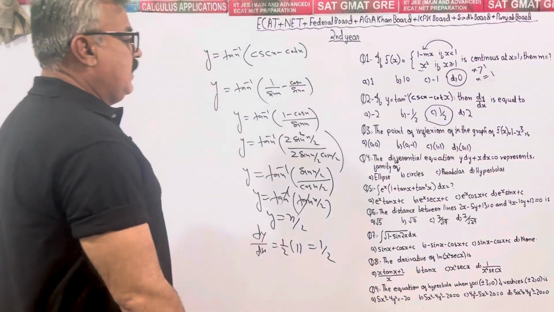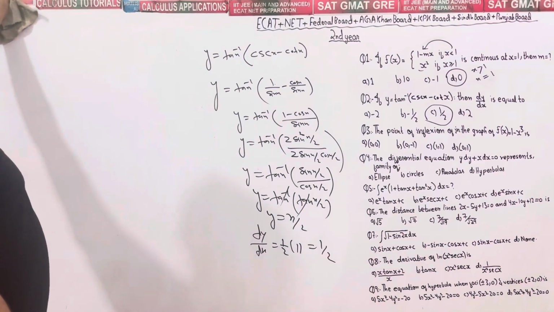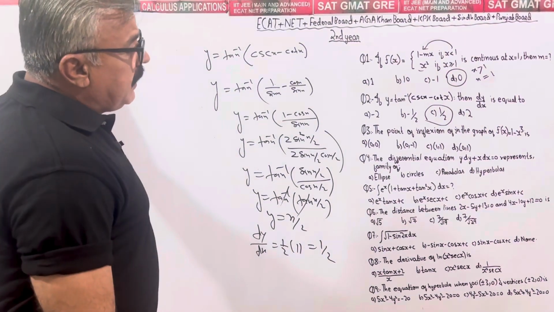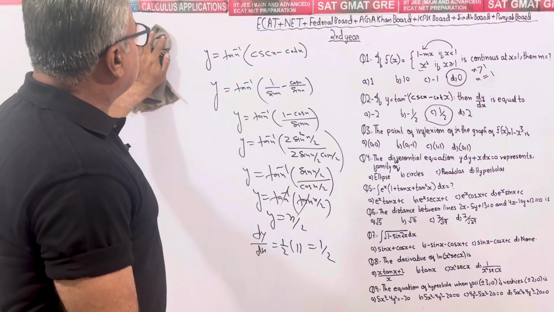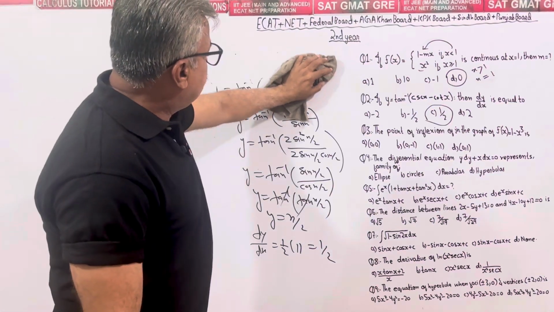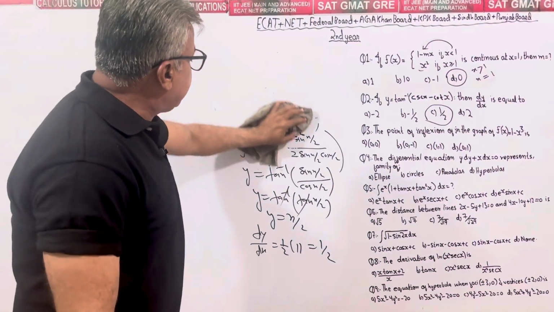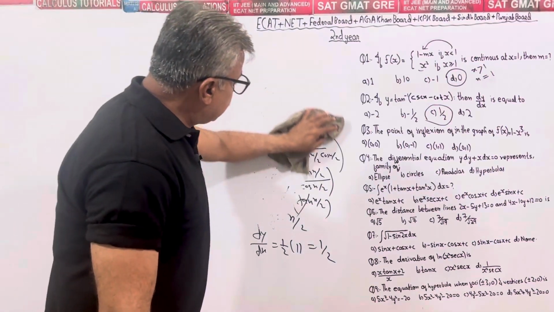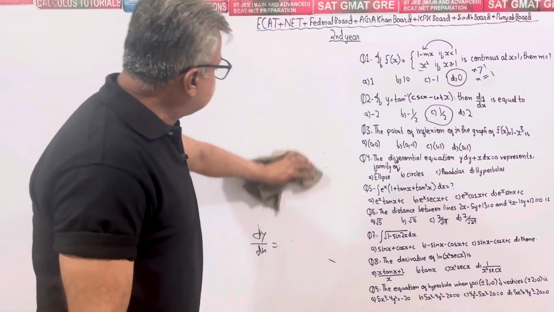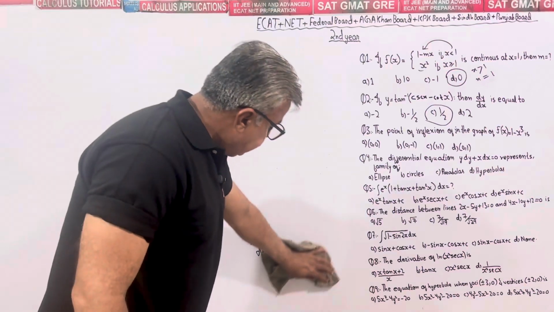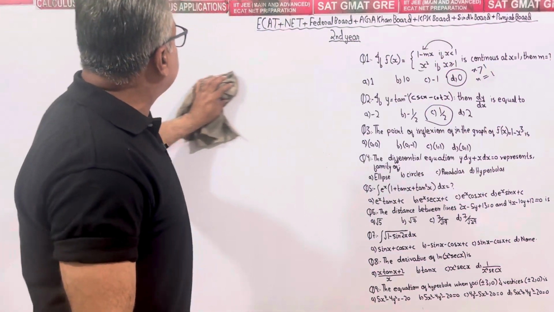Option number C. Good. Moving towards the point of inflection of the graph f of x is equal to 1 minus x cube. We are asked to find point of inflection, means neither min nor max. If double derivative is positive, it is min at that particular value of x.